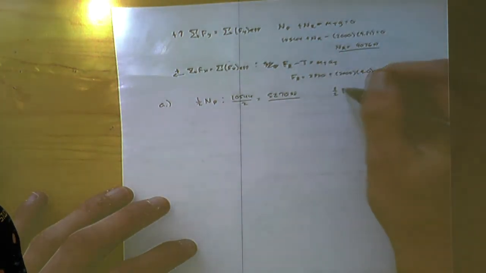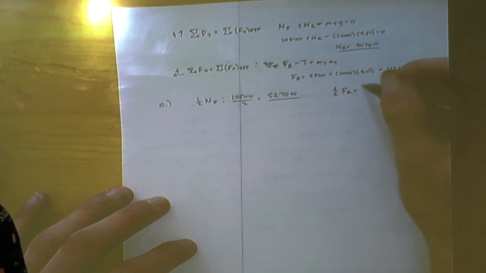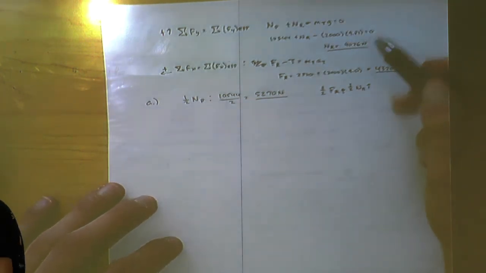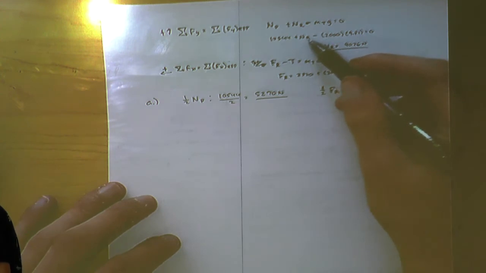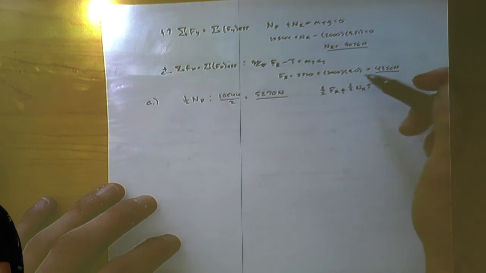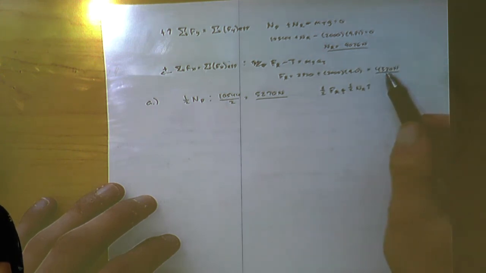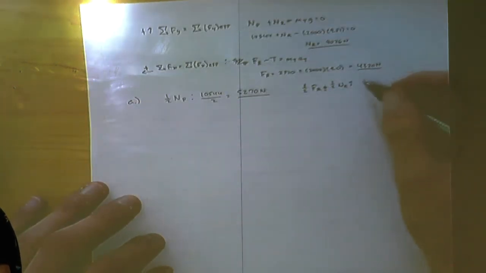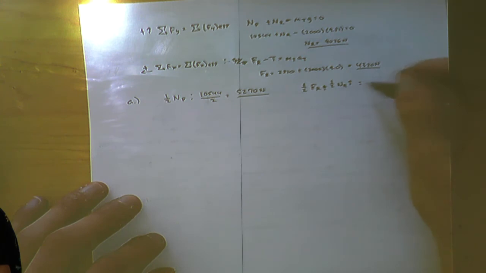And for each of the rear wheels, it's going to be half of the normal force on the rear wheels plus, I believe, half of the force on the rear wheels in the horizontal direction, which is going to be 5,030 newtons.